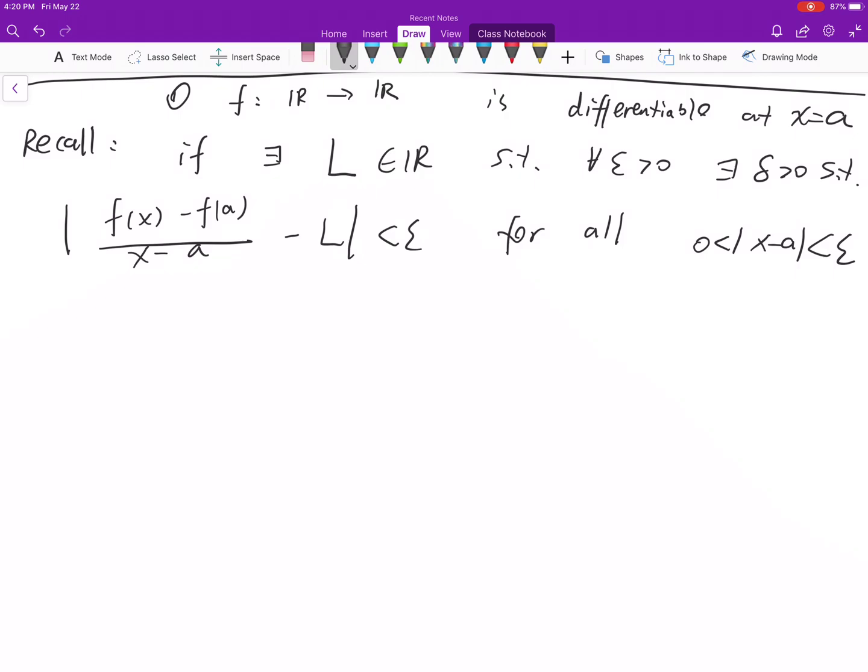If you are not familiar with this definition, please refer to Rudin's book or any other equivalent mathematical analysis book.